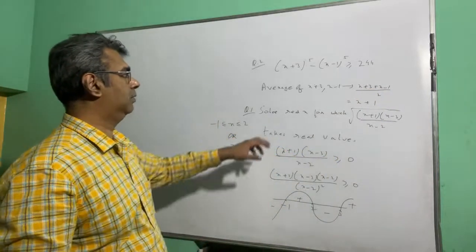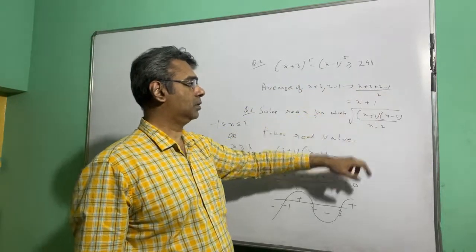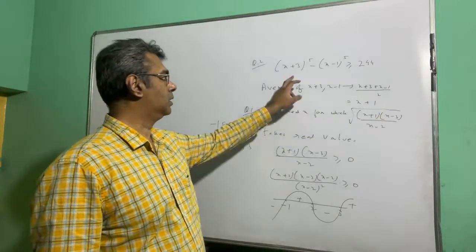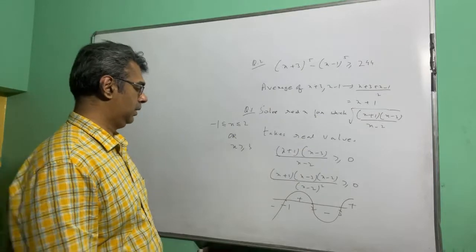So the average of x plus 3 and x minus 1 will be (x plus 3 plus x minus 1) by 2. So that is coming to x plus 1.